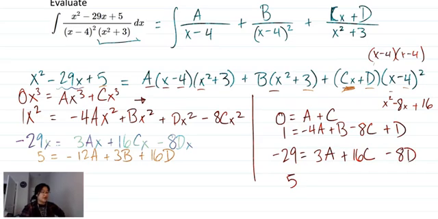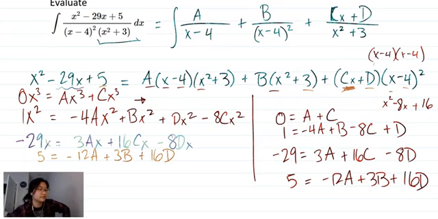And 5 equals negative 12A plus 3B plus 16D. So how are we going to solve this?